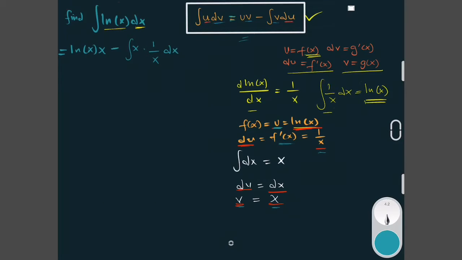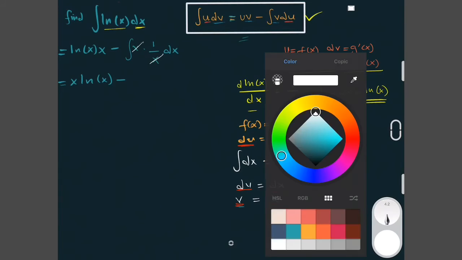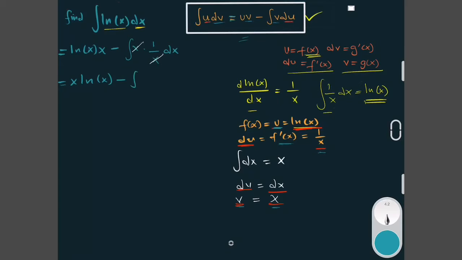So this is also equal to, we just bring the x to the back, x natural log of x minus, well, there are two x's here, one at the bottom and one at the top, so these cancel, and we just have the integral of dx.